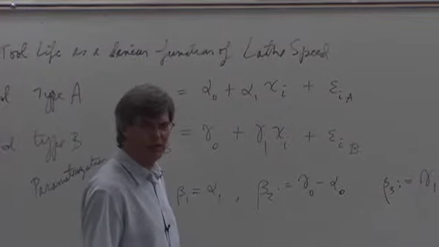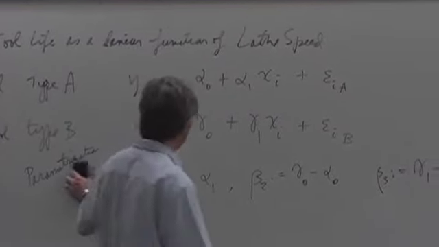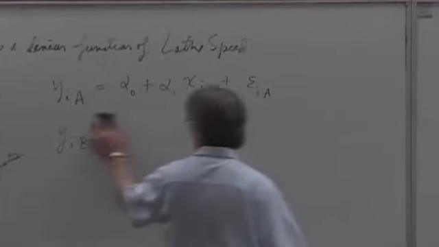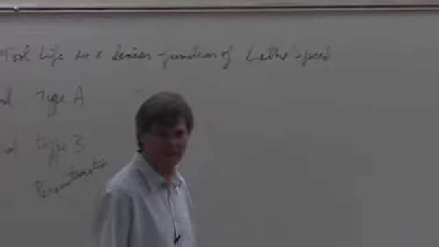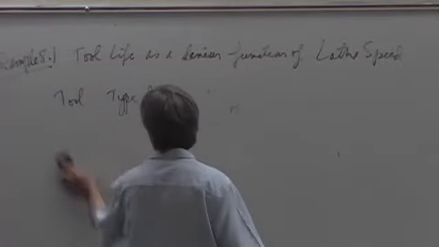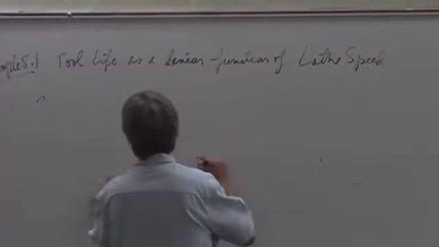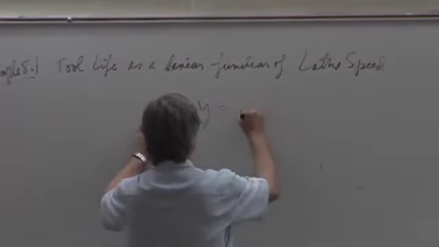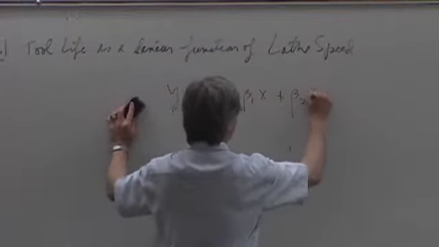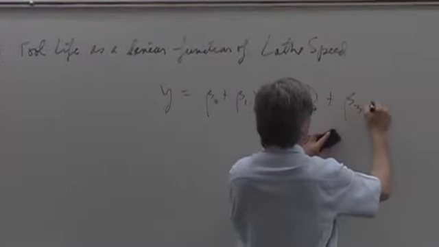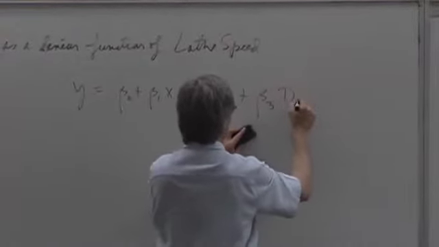It looks kind of like a quadratic model, but there's no d squared because d squared is equal to d. It looks like y equals beta 0 plus beta 1x plus beta 2d plus beta 3 dx or xd.